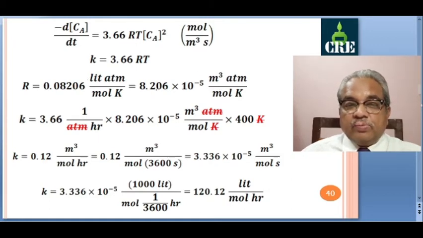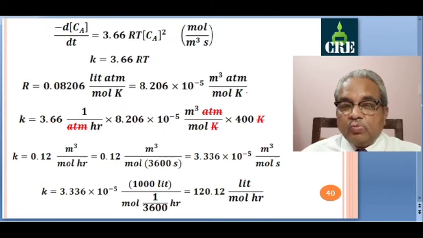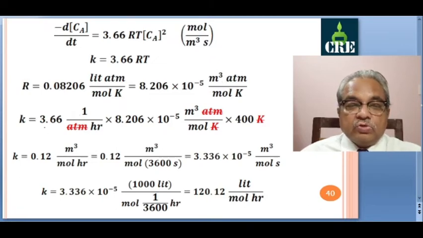So conversion is 8.206 into 10 raised to minus 5 meter cube atmosphere per mole per degree Kelvin. So K is 3.66, and this 3.66 has units atmosphere inverse and hour inverse. Then R, 8.206 into 10 raised to minus 5 meter cube atmosphere per mole per degree Kelvin, into T. T is 400 Kelvin.